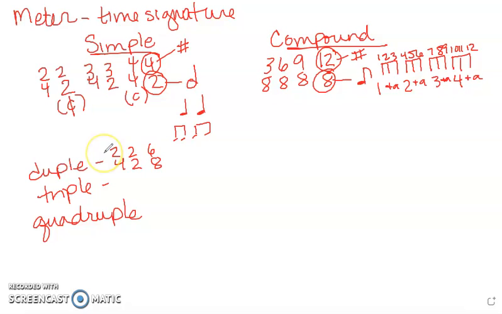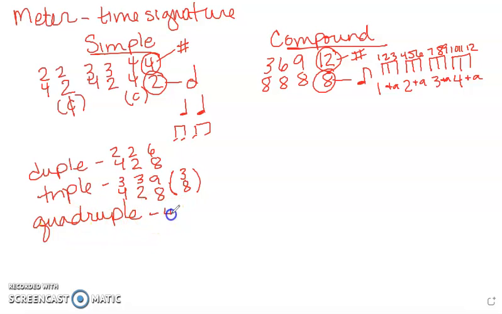Triple, regardless of simple or compound, would be 3/4, 3/2, 9/8, because that's often conducted in 3. Notice I'm not putting 3/8 in here. 3/8 is kind of an oddball. Usually 3/8 is conducted in 1. If it's slow enough, you could include 3/8. It can fall into that category. It's not common.